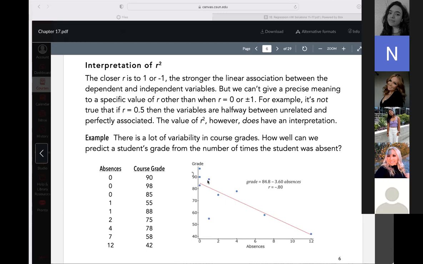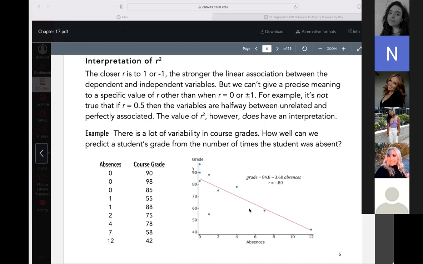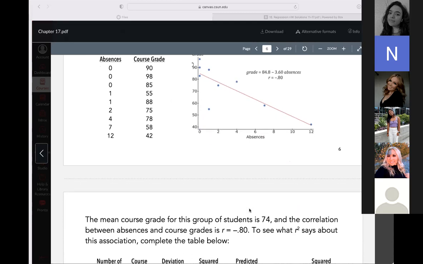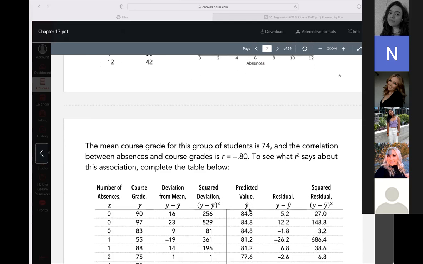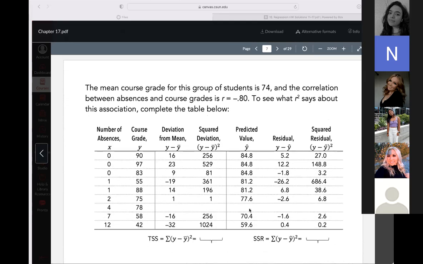So the R squared value is the percentage of the variation in your Y value that the data suggests is caused by the variation in your X value. Whereas all the other reasons out there amount to the other, in this case, 36%. Okay? Does that make sense?